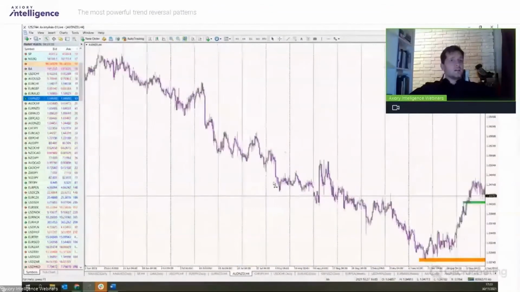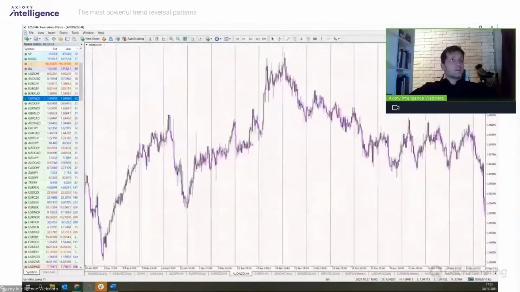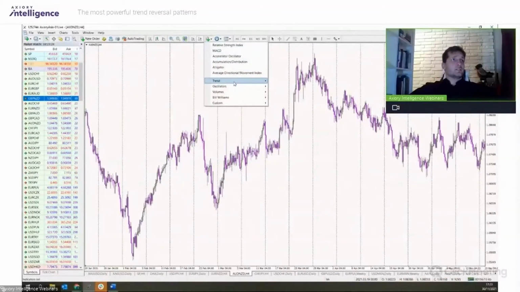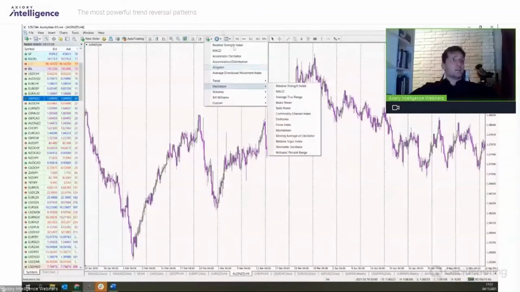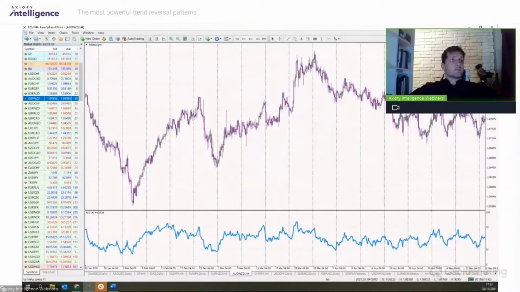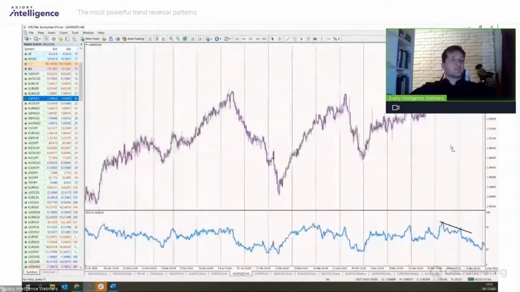Anyways, what we are about to see, double tops, for example. So 1 and 2. Let's check if we have a divergence. I bet we totally do. Of course. Price is making higher highs. Divergence on an indicator. Perfect.